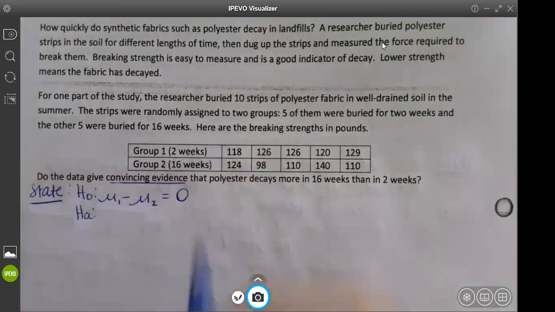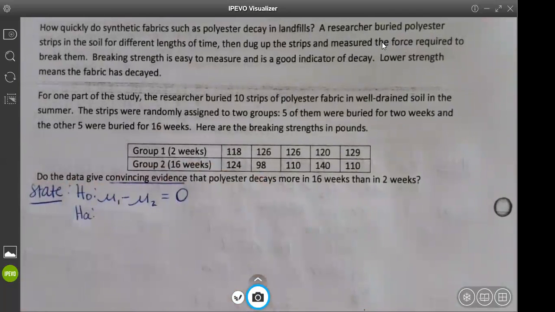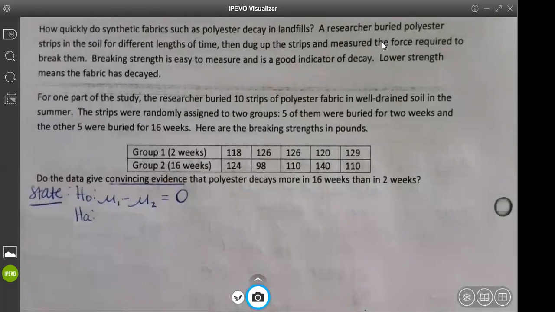What does that mean? Why do we put it equal to 0? If you failed to reject H sub O, what would that mean? There's no difference. That's all that means. There's no difference. All right. What about H sub A?